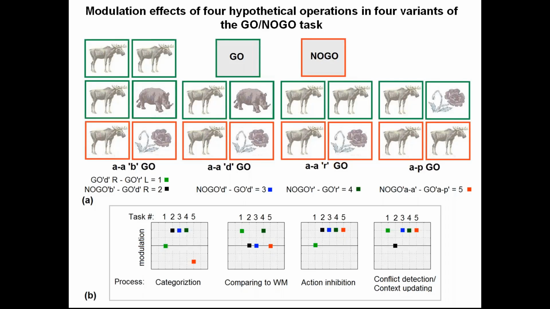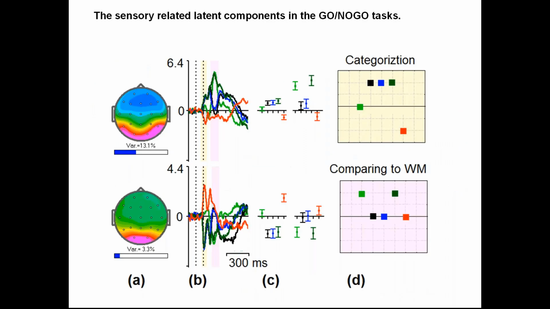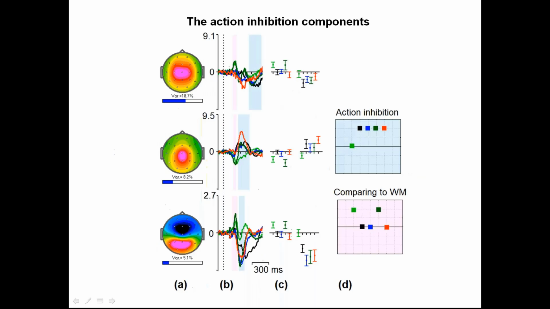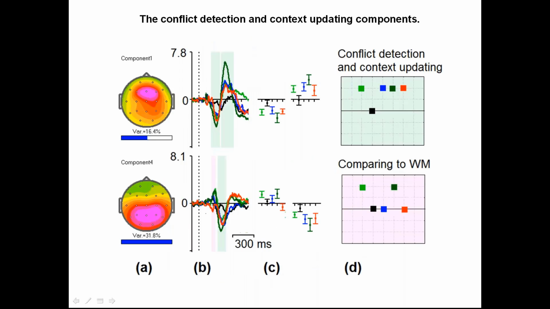On the basis of this study, in which we recorded EEG in healthy subjects and compared the behavior in different tasks, we were able to associate some components with sensory operation, some components with action inhibition operation, and some components with the conflict detection operation.